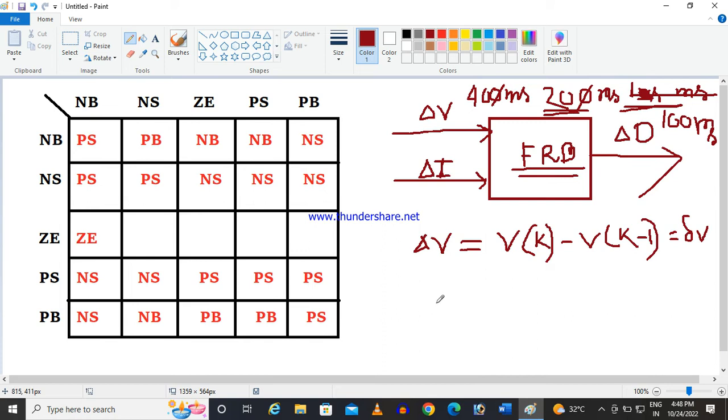Then you sense the current, the same way you sense the current also. So what is your power? Basically the power is the product of voltage into current.